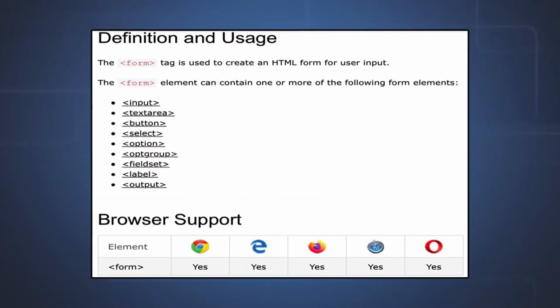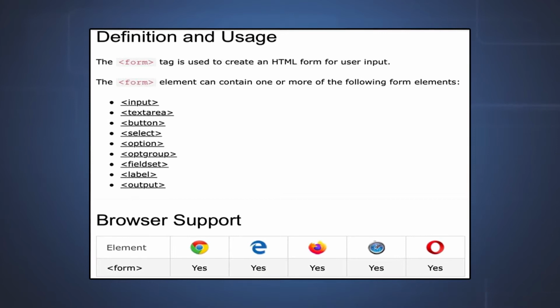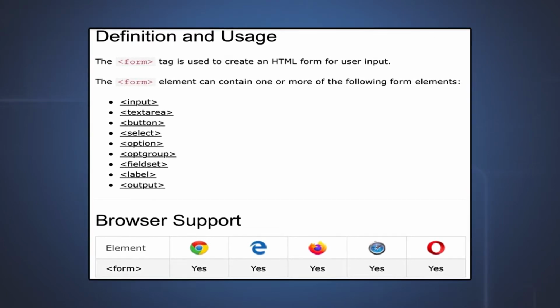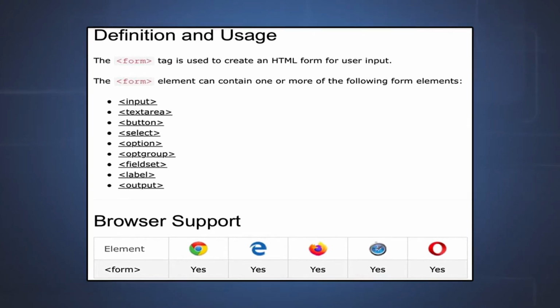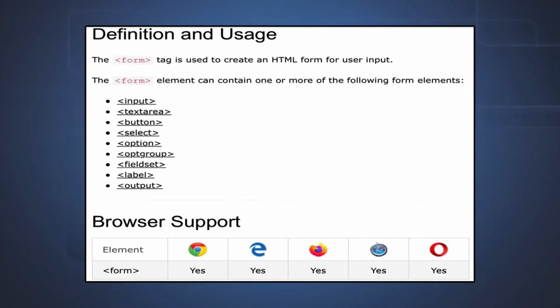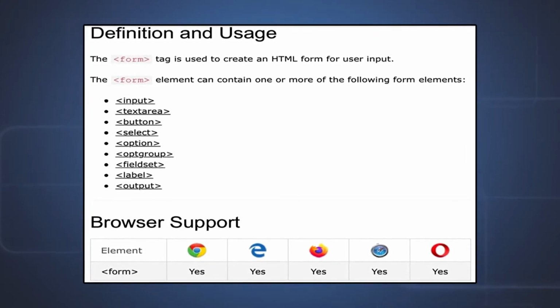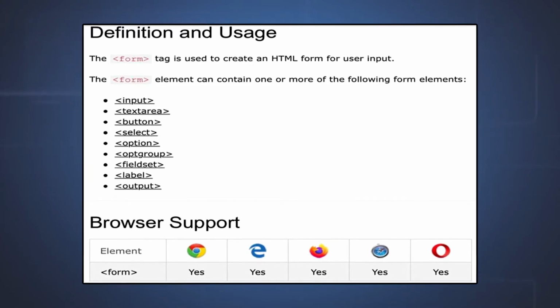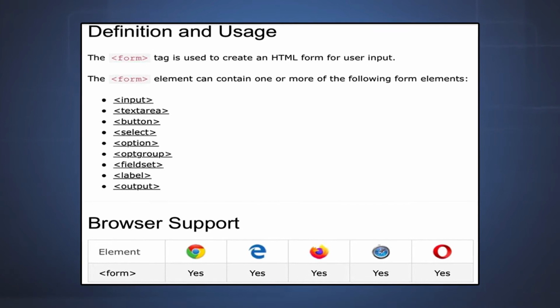The form tag is used to create a HTML form for user input. Again, form tag is having both starting and ending tags. The form element can contain one or more of the elements such as input, textarea, button, select, option, optgroup, fieldset, label, output.